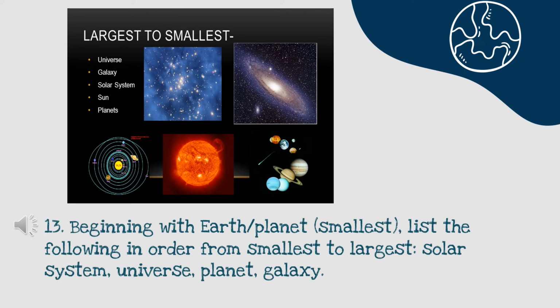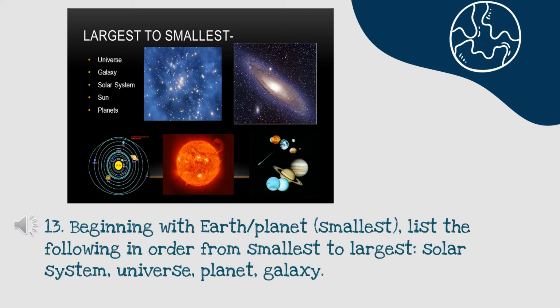Number 14. Beginning with Earth, or planets, list the following in order from the smallest to the largest thing in our whole universe. A planet is the smallest. A planet is part of a solar system. You will find a solar system within a galaxy.